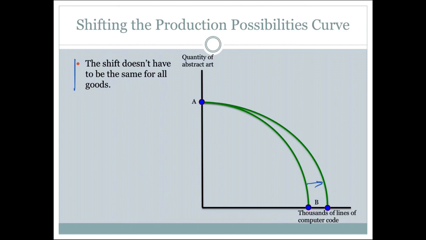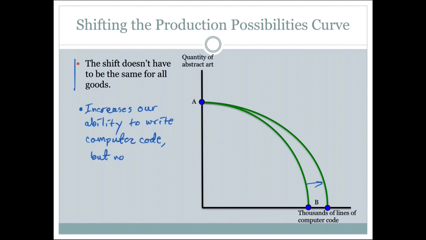Here we essentially have something that increases our ability to write computer code, but not for abstract art. And so we only show a shift on the axis for computer code.